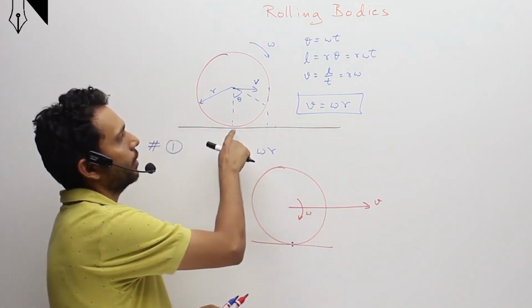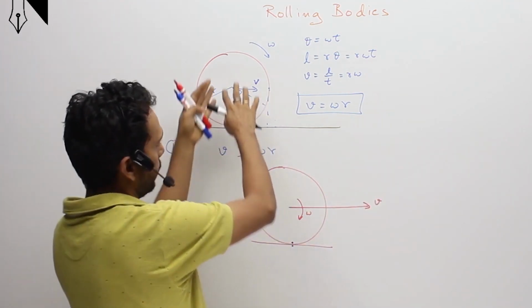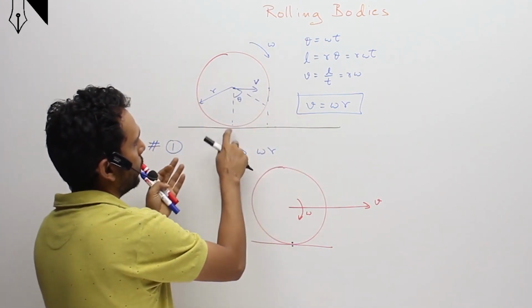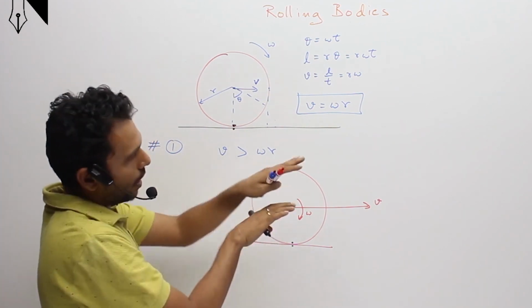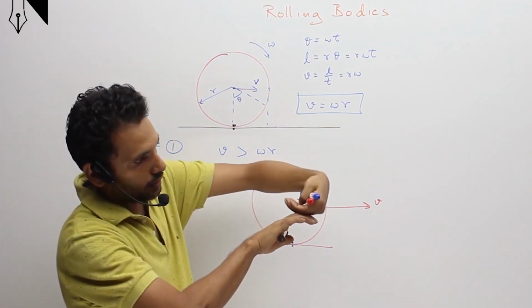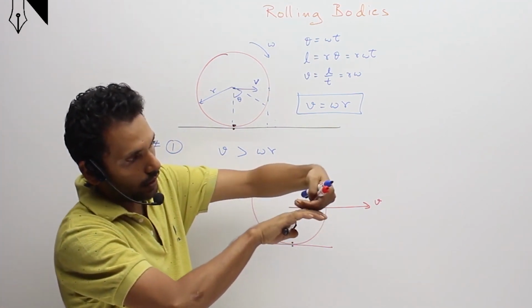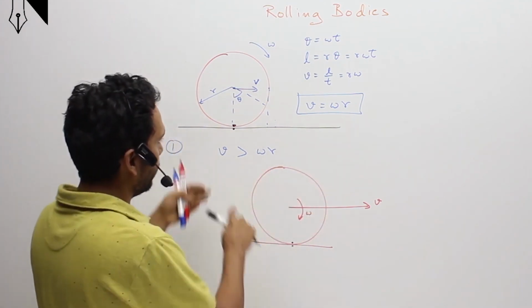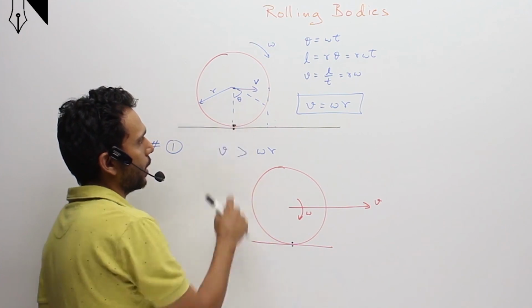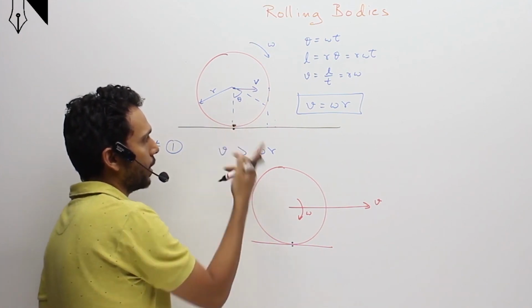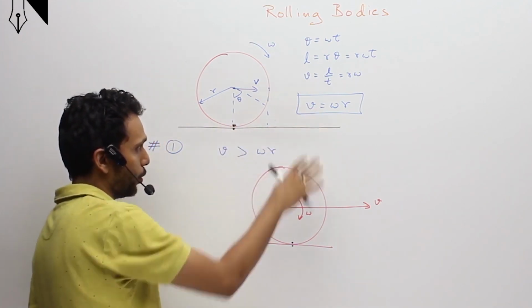In pure rolling, the point on the body and the point on the surface are not rubbing. The points in contact are not having any relative motion. So that was your pure rolling.